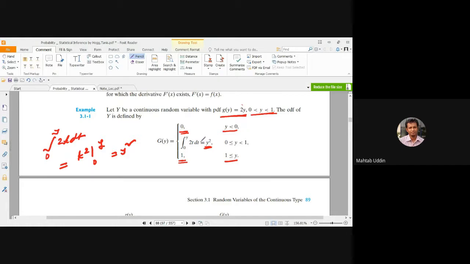And one thing I want to say: in the case of a continuous distribution, you cannot find the probability directly. You have to use the CDF. A small letter is converted to a capital letter for the CDF. This is small g of y as the PDF, so capital G of y as the CDF.